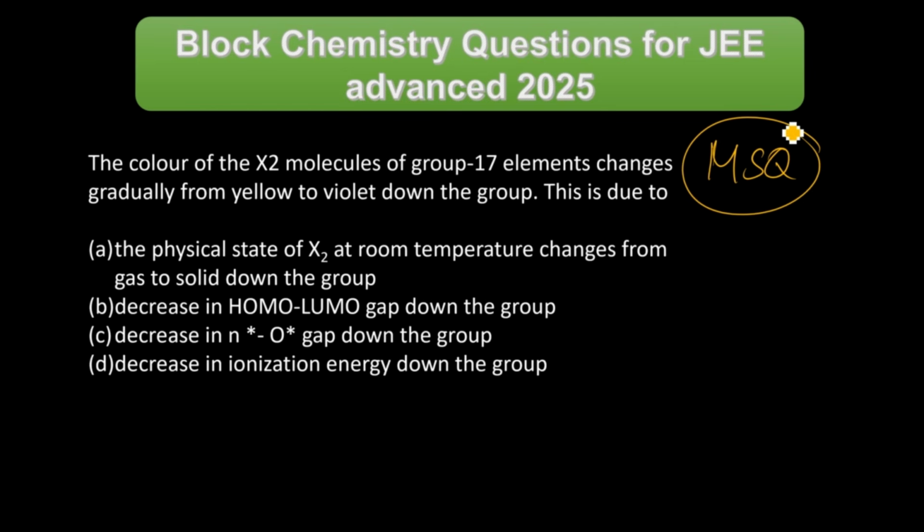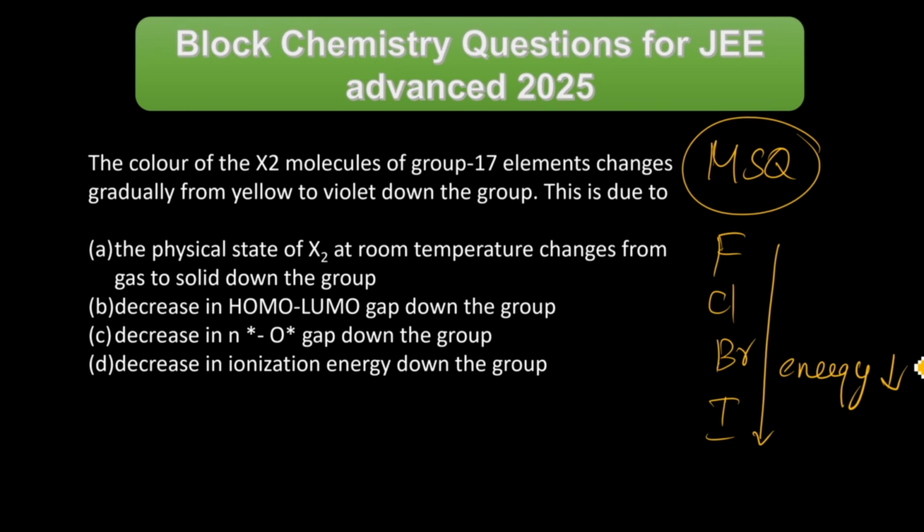Group 17, no, halogens. So halogen atom, if I am considering fluorine to iodine, the amount of energy required for this excitation is getting decreased. Energy is getting decreased as I am moving down the group.